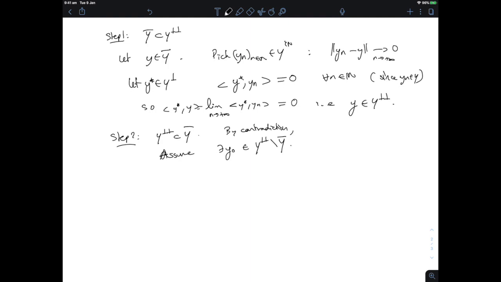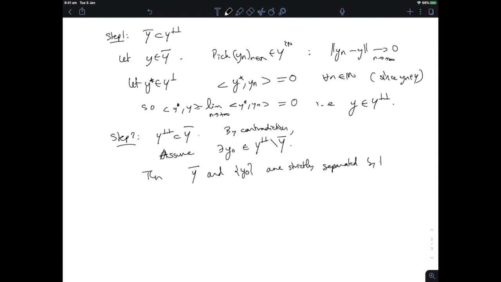Right, so what would that give me? Then it would give me that I can separate y bar and the single point y naught, they are strictly separated.